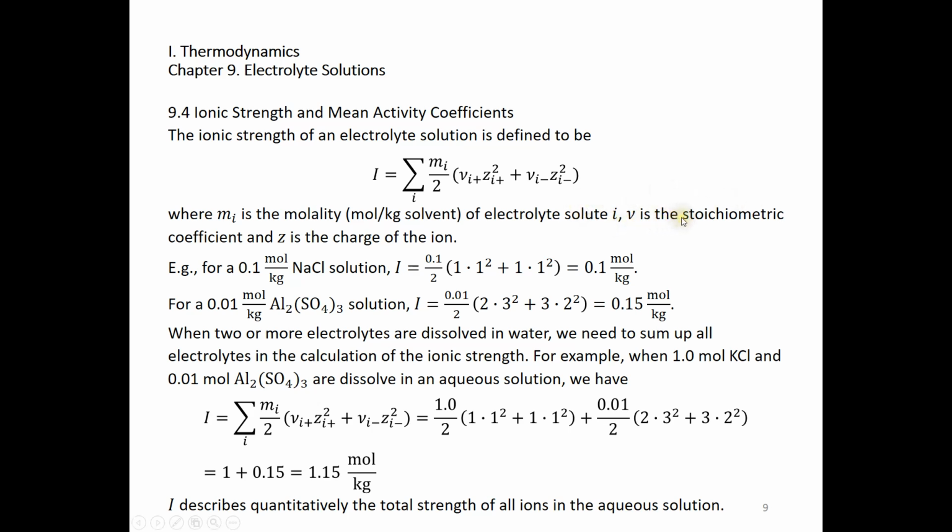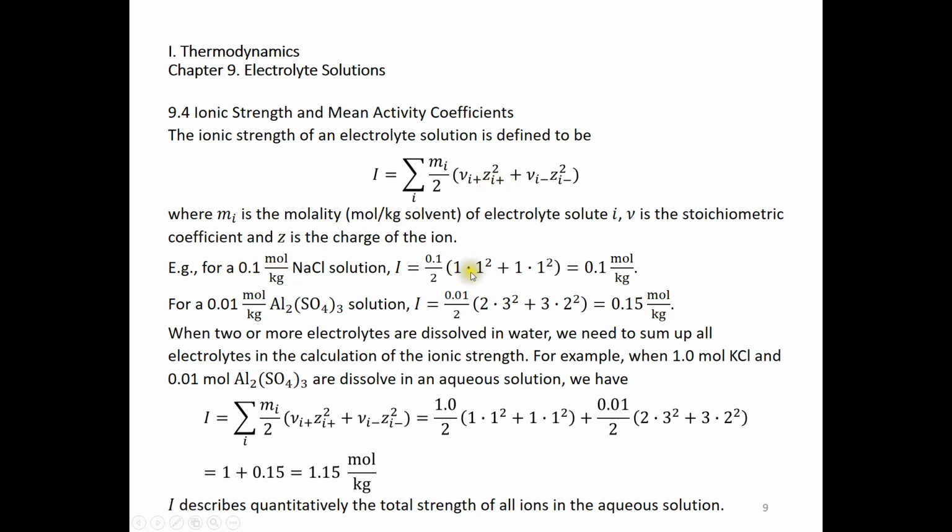Nu is the stoichiometric coefficient of the ions. Nu is also the subscript number in the ionic formula of the salt, and z is the charge of the ion. So for example, z sub i plus is the charge of the cation in electrolyte i.